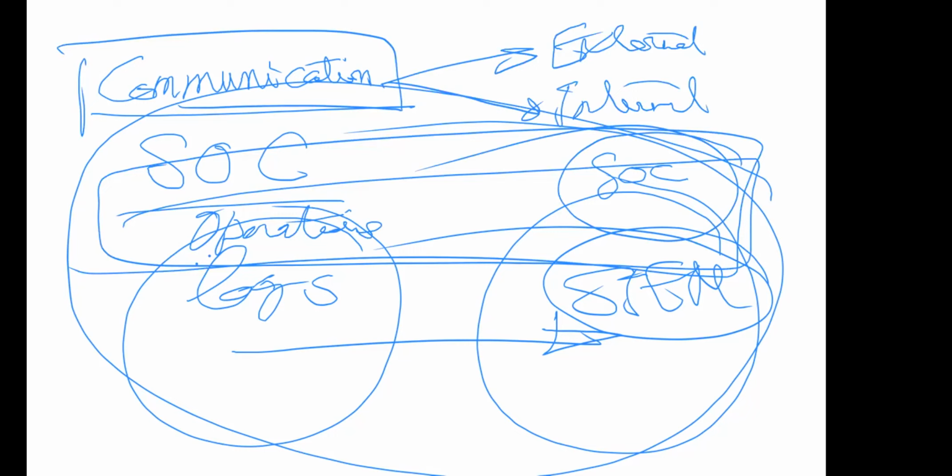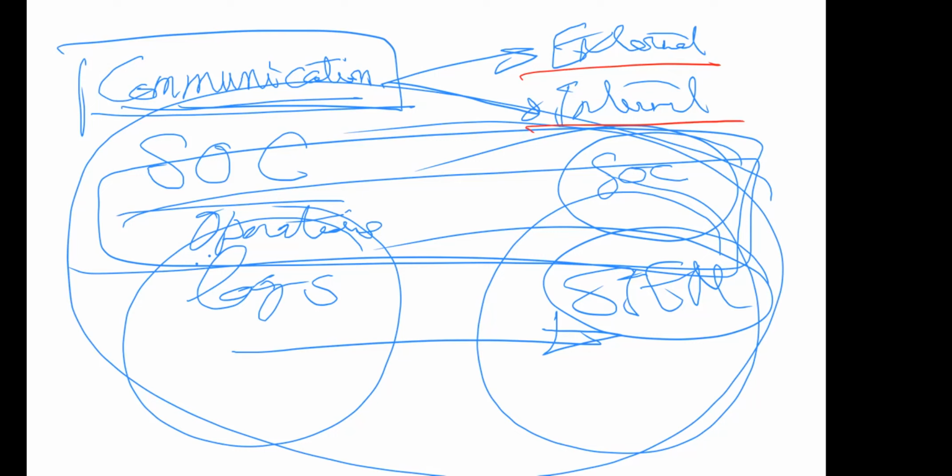Sometimes it will create some confusion. When we mention communication, it is external for vendors, customers, partners, regulators. It is internal for the financial department, for the SOC, for supply chain. I want servers, I want devices, I want procurement, and so on. When it comes to communication, it is very important.